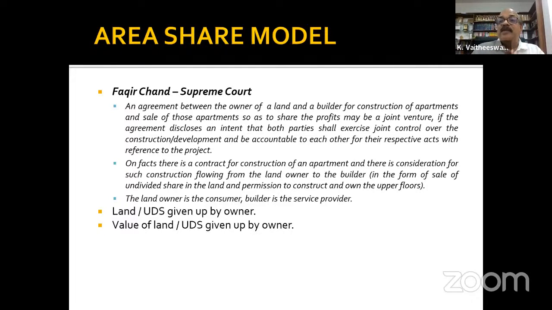Now that would mean, please understand, that it would factor so many other costs which are irrelevant to the owner. The selling rate of my apartment covers my overall project cost, my financing cost, my advertisement cost, my sales promotion cost, my compliance cost, my overheads, my branding.